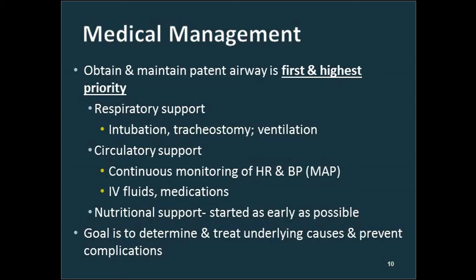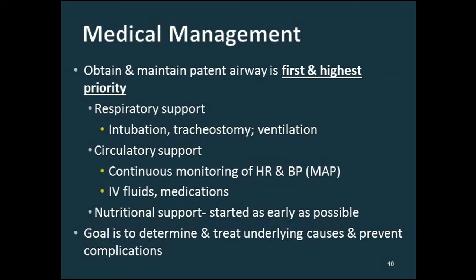Circulatory support, because there might be a loss of regulation of heart rate and blood pressure, which would equal a disruption in mean arterial pressure, which would then alter blood flow to the vital organ systems.